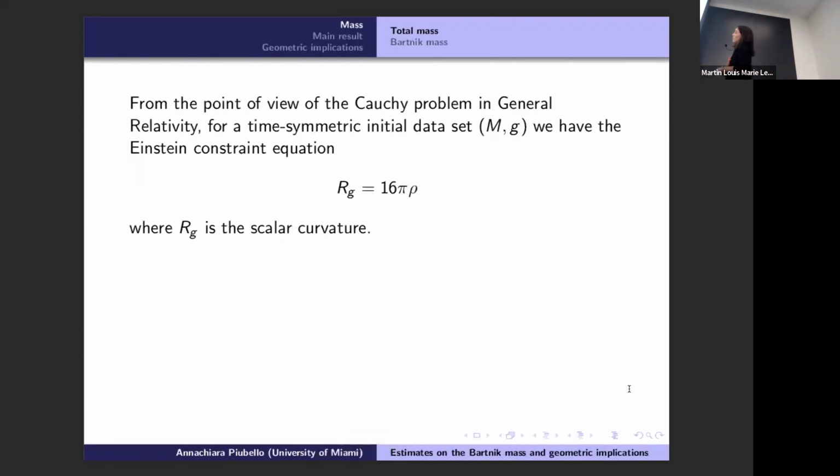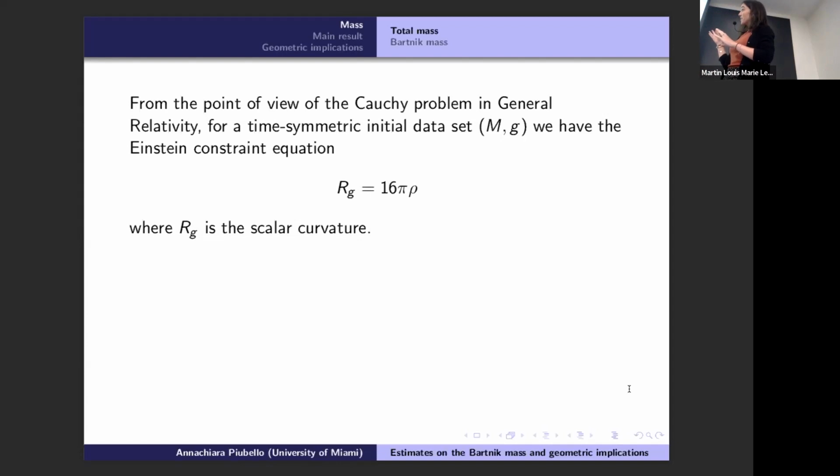Okay, so from the point of view of the Cauchy problem in general relativity, we know that we can rewrite the Einstein equation, if we have a time symmetric initial data set, as a constraint equation that you can see here. This is an equation that relates the scalar curvature Rg with rho, and rho is the mass energy density.